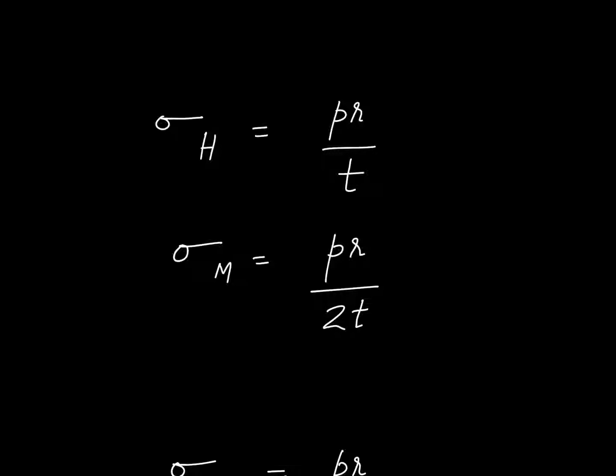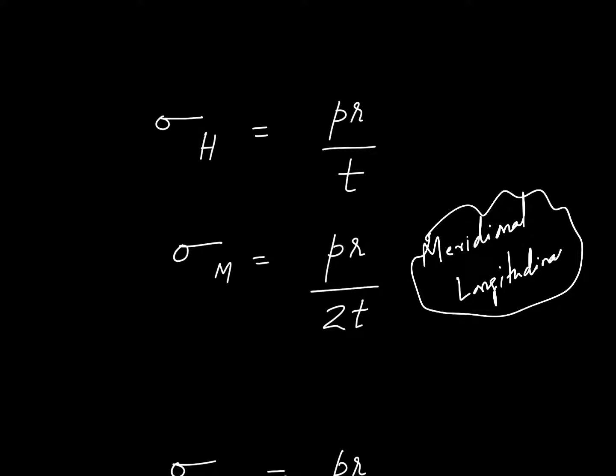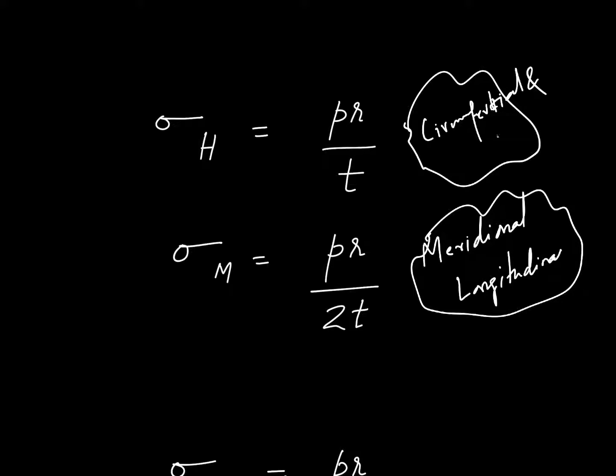So just to make it clear, meridional and longitudinal are the same stress. I may use these two words interchangeably, but they mean the same. Here also circumferential and hoop mean the same. Okay, so these are well-known formulas.